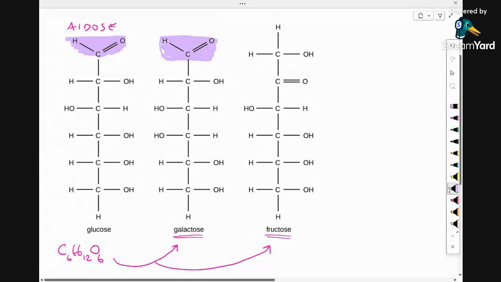So I can highlight that here. It takes a while to highlight it. But that is also an aldehyde functional group. So this is also an aldose sugar. Fructose, on the other hand, is different. And hopefully you can appreciate by looking, I'm going to highlight it in a different color to show you. We have our ketone functional group here.